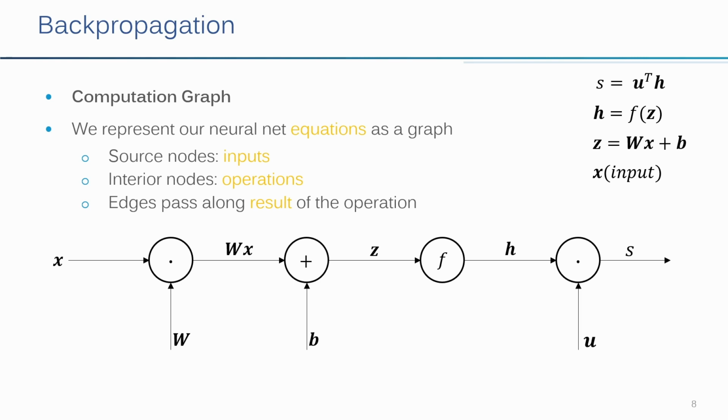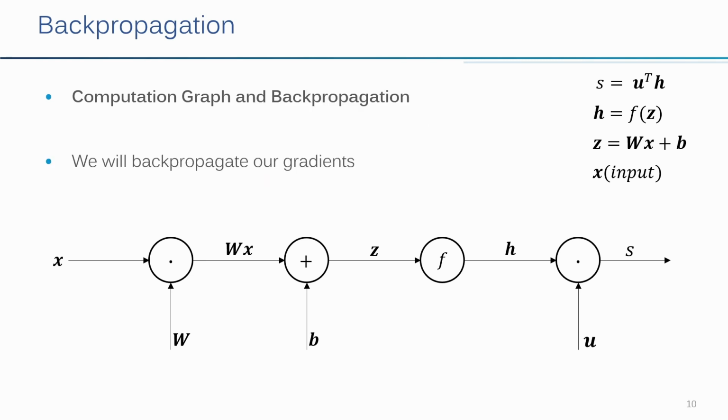So the idea is, after we make our prediction, we want to backpropagate our gradients in a way that we calculate the distance between our prediction and the actual target, and then we calculate how to readjust the weights that we have here in our toy neural network.